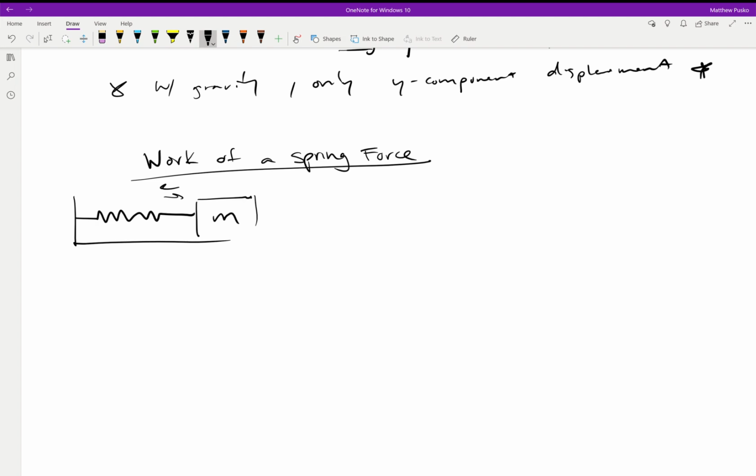We know we can start with dU is equal to, and we're going to put a minus in because of x in the opposite direction, minus ks ds. And I'll show you where this came from.